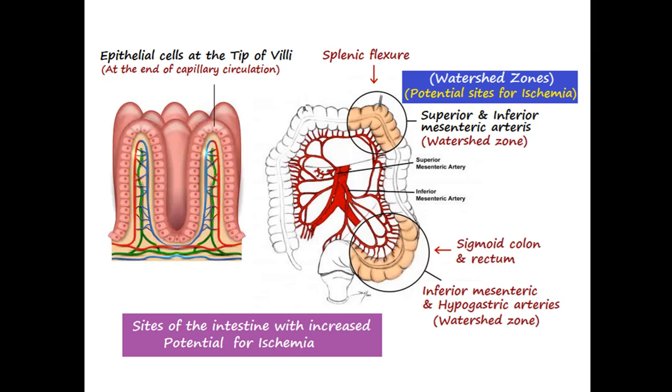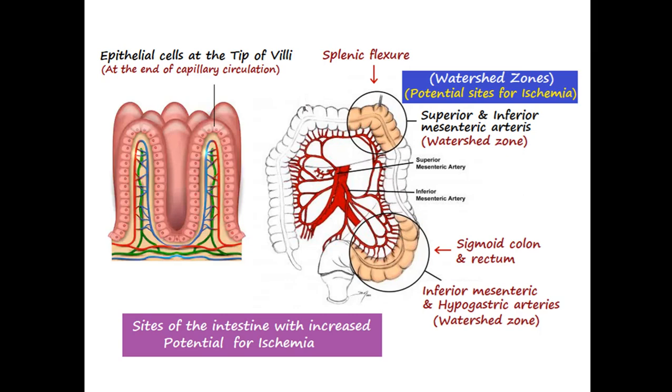In conditions of slowly progressive ischemia and infarction, these areas will receive blood from the alternate blood supply. But in conditions of sudden occlusion and sudden cessation of the blood supply, these areas are more severely affected as compared to the rest of the intestine.